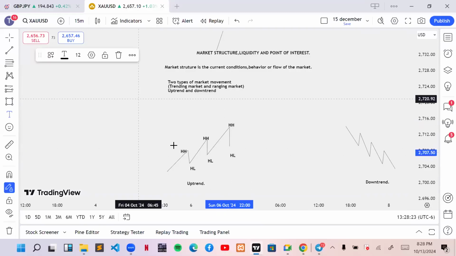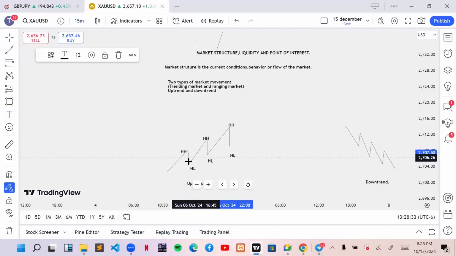So what do you notice? Each high that forms is always higher than the last one. Each low that forms is always higher than the previous one. So these are the characteristics of an uptrend. That is what it means for the market to be in an uptrend.